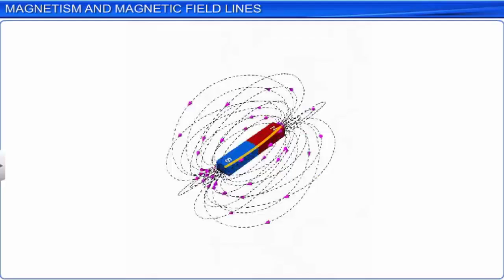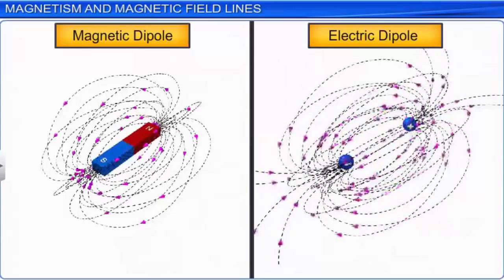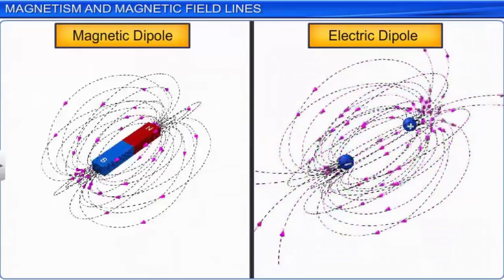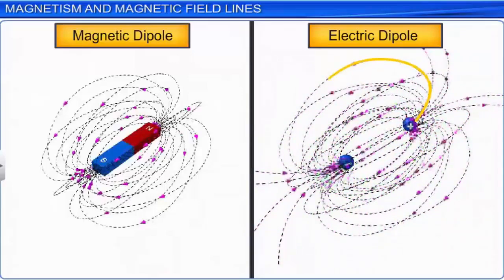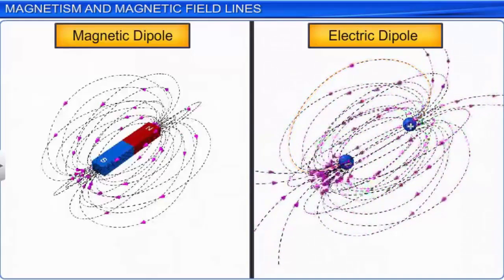Thus, the magnetic field lines of a magnetic dipole are continuous closed loops. In the case of an electric dipole, the electric field lines start from the positive charge and end at the negative charge. Unlike magnetic field lines, the electric field lines are not closed loops. They are open curves.